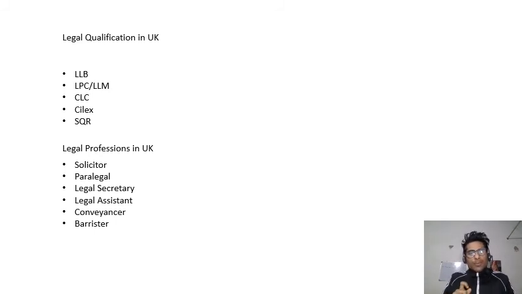What's a barrister? They are specialized in one field, and they take big cases, which take a lot of time. Solicitors and barristers are kind of the same, but their training contract is different.